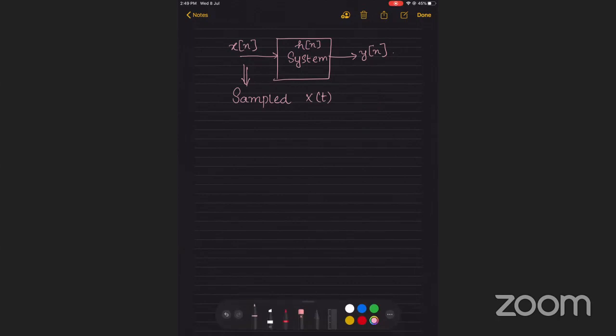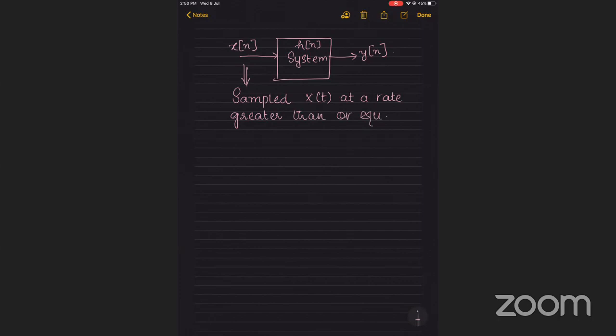We sampled x of t at a rate greater than or equal to the Nyquist sampling rate. Now, what do we mean by that? You have a function x of t, you have a signal x of t. For any signal, we talk about frequency components.